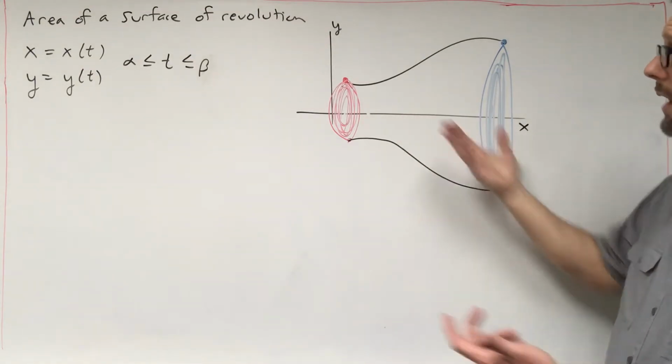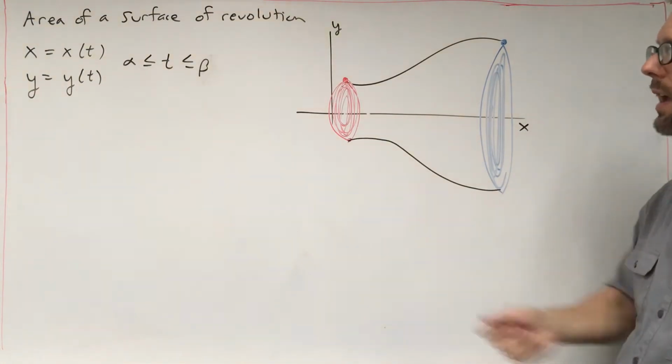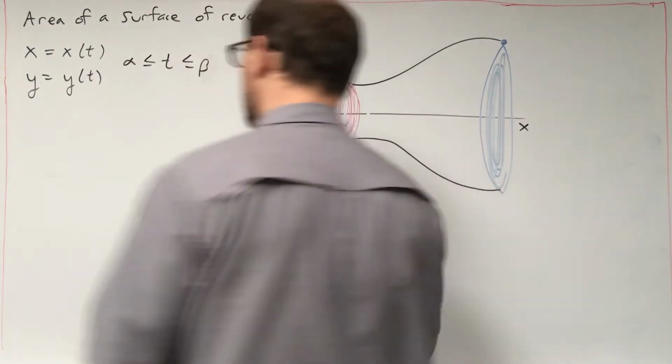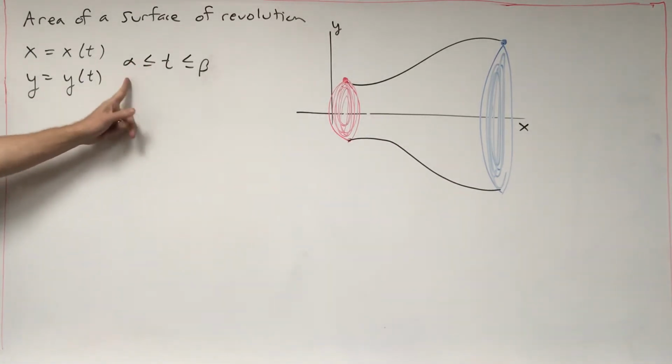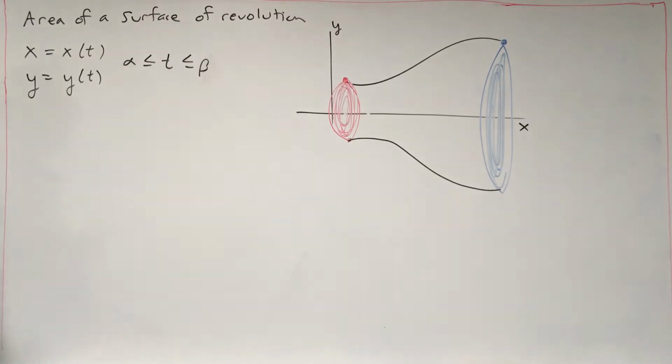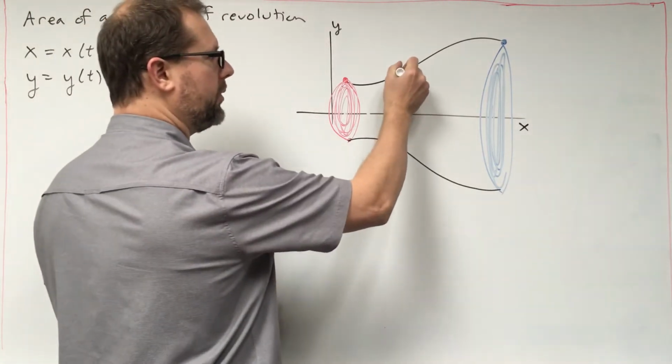And we're going to look at it first in the context of a curve that's defined with parametric equations, x equals x of t, and y equals y of t, where t, as before, is ranging between, say, alpha and beta. And so what's the strategy for this? Well, as usual, we're going to break our curve into some segments.